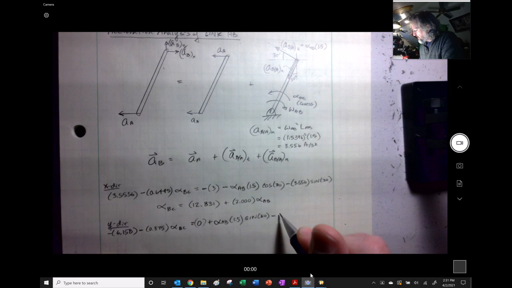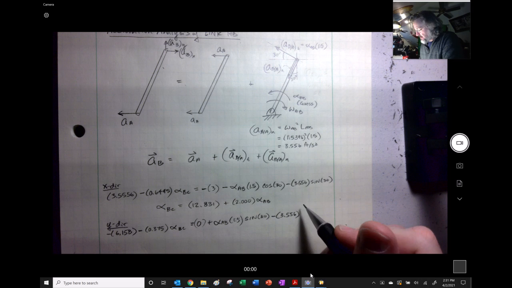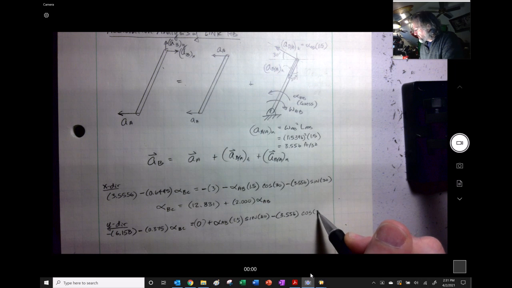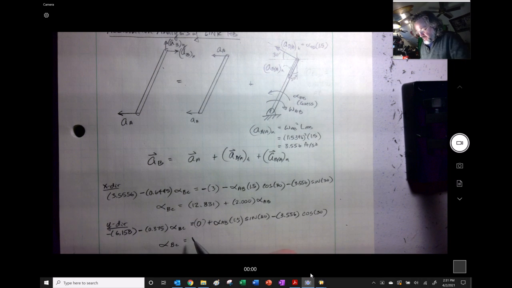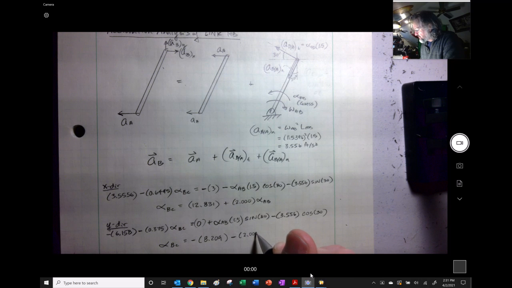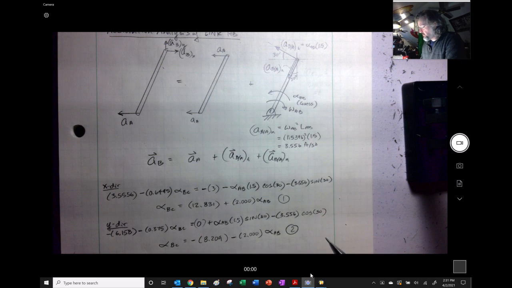So that's negative 3.556 and the cosine of 30. So we get an alpha BC. I put it in terms of alpha of BC again. I get a negative 8.209 minus 2.00 alpha AB. So this is like equation 1 and equation 2.